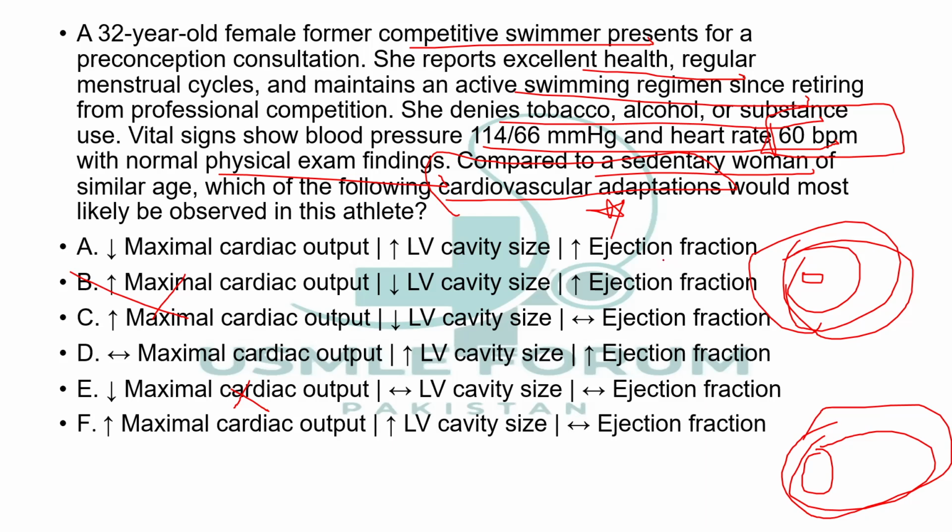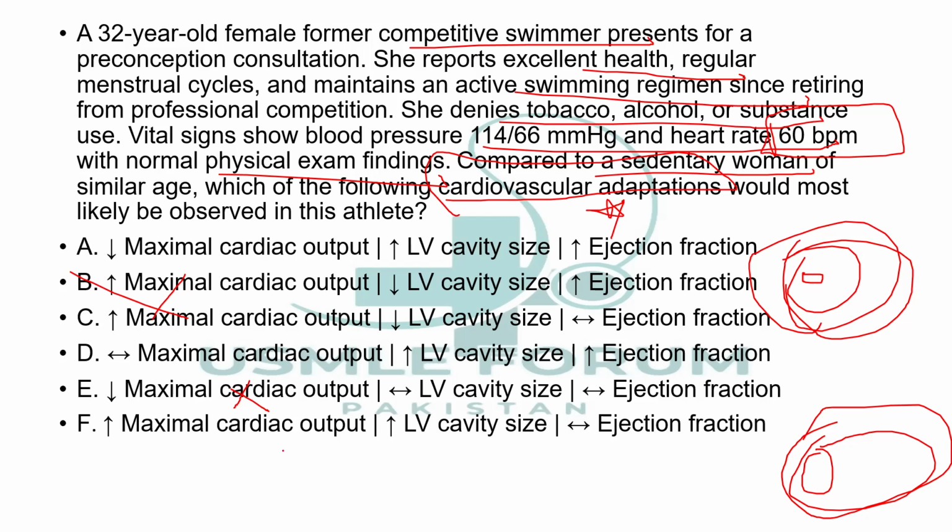Now, the ejection fraction and the maximum cardiac output is a bit tricky. Ejection fraction always stays the same except for heart failure. All the pathologies in the cardiovascular system that I've come across till now pertaining to step 1, in heart failure the ejection fraction decreases, but in all of the other pathologies it remains the same.